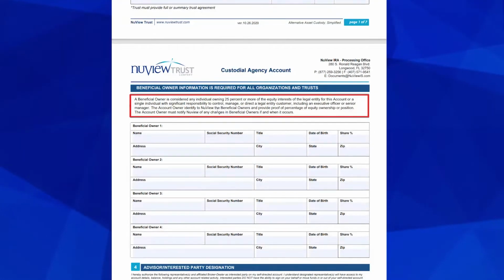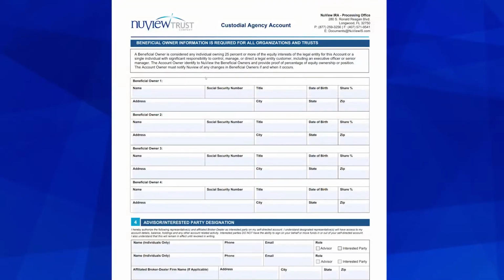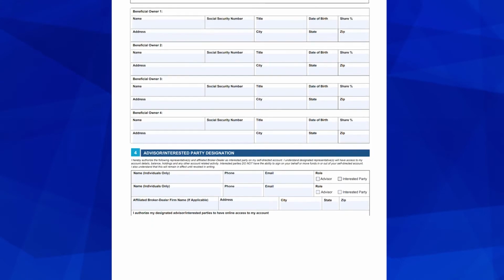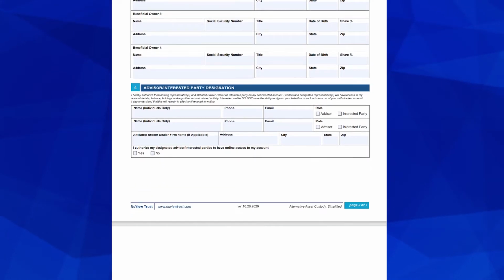The account owner must identify to NuView the beneficial owners and provide proof of percentage of equity ownership or position. The account owner must notify NuView of any changes in beneficial owners if and when it occurs. And those beneficial owners are listed here.